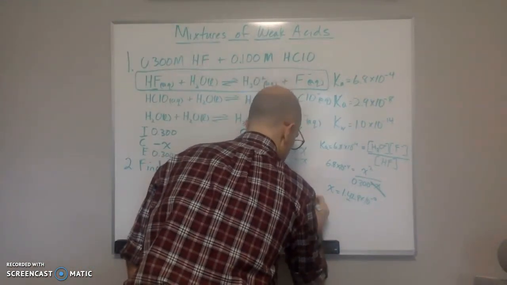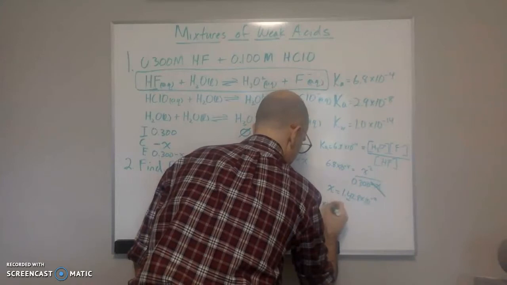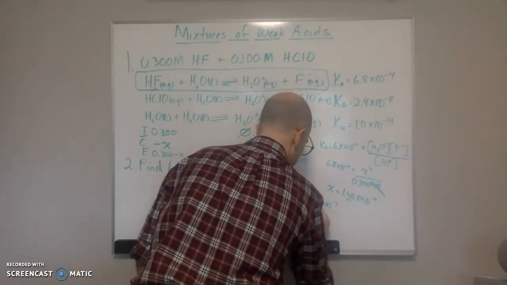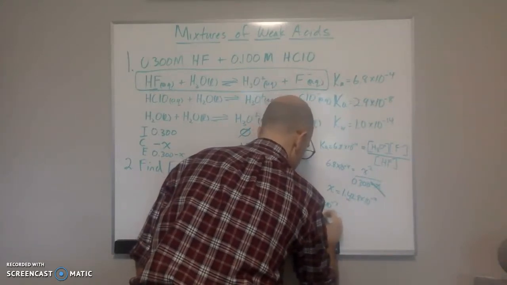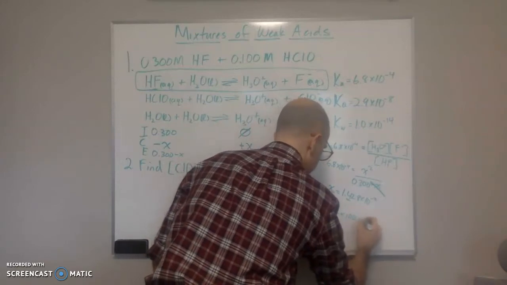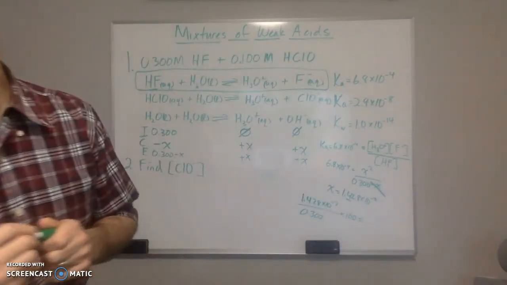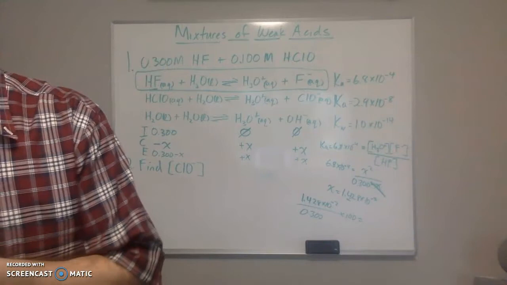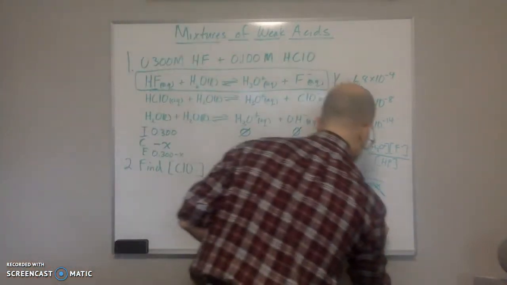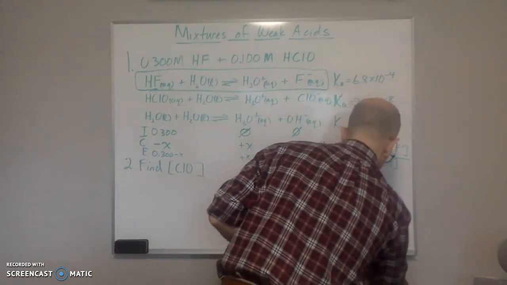So 1.428 times 10 to the negative 2 divided by 0.300 multiplied by 100. And we're going to get 4.8%.